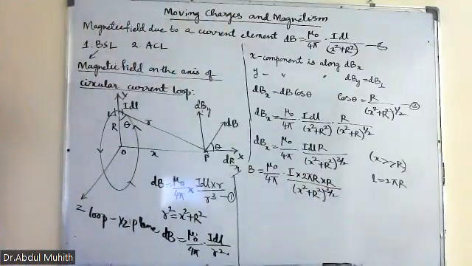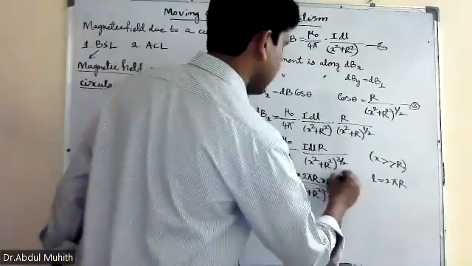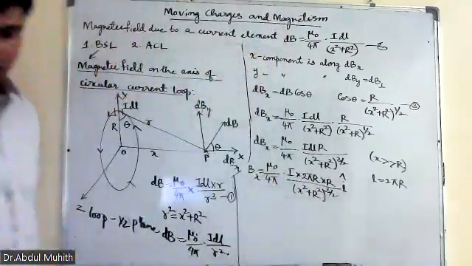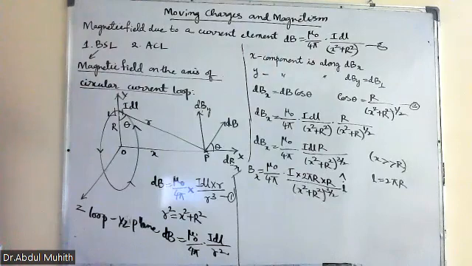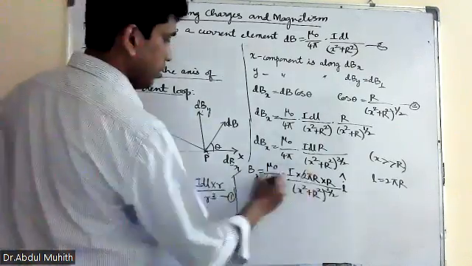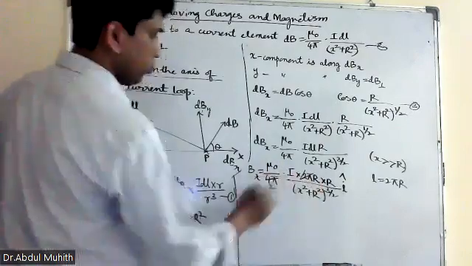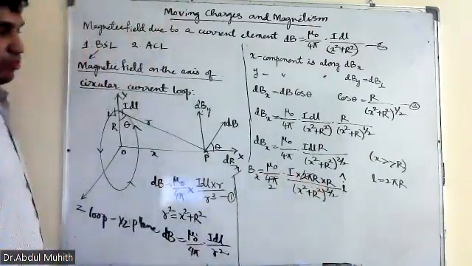So what will happen now? That also is along the x-axis. dBx is along the x-axis. So if I cut this, this 2π and this will become 2.